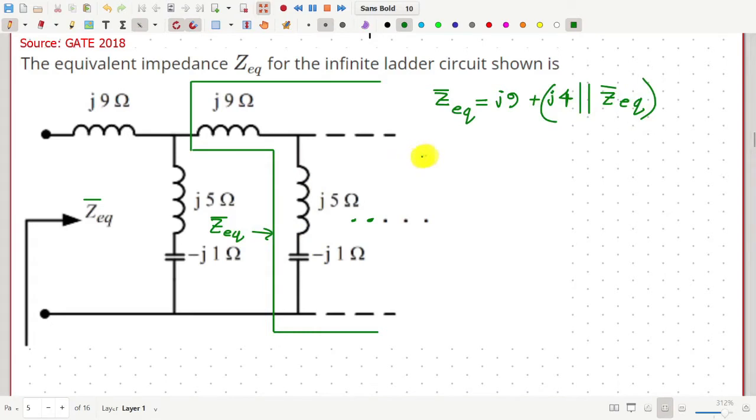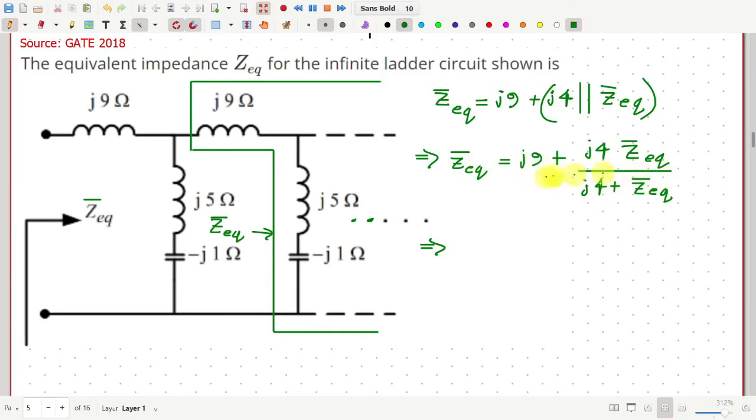From this we can write ZEQ is equal to j9 plus j4 Z equivalent divided by j4 plus Z equivalent. Let us now multiply this denominator throughout this equation.